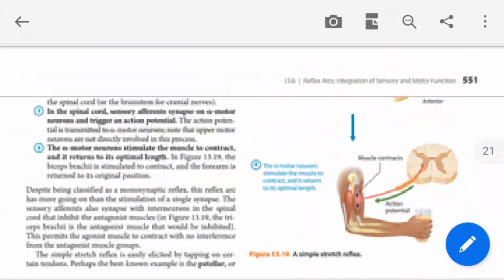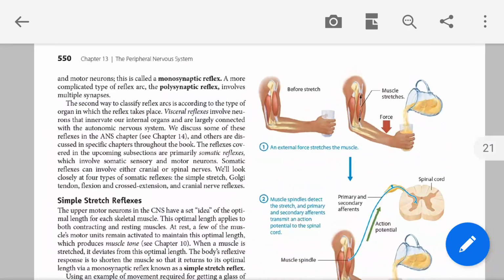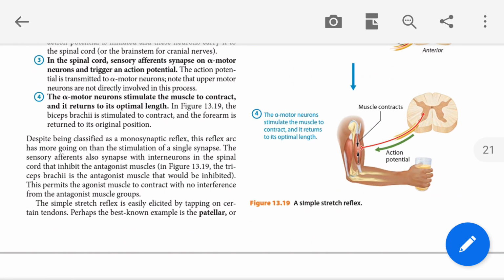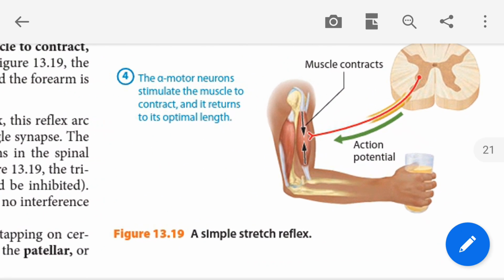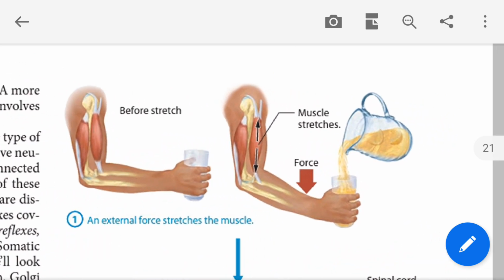Now one more example. See, in this figure, a simple stretch reflex is described. Now let's see the first figure.